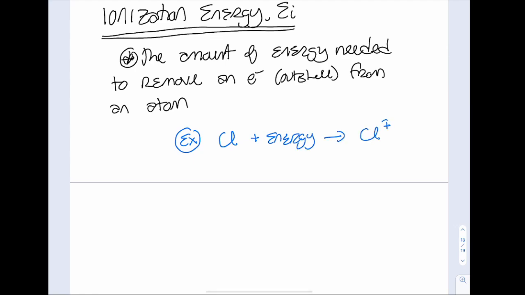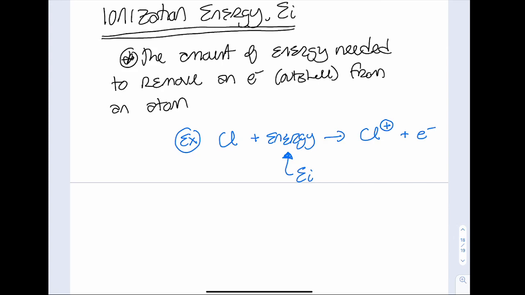Remember, if we lose an electron, it has a positive charge. And then we have that electron. It didn't just disintegrate, so it's there. The amount of energy that I need to do this is my ionization energy. So we take an atom, we add energy to it, we remove an electron. The amount of energy that takes is my ionization energy.